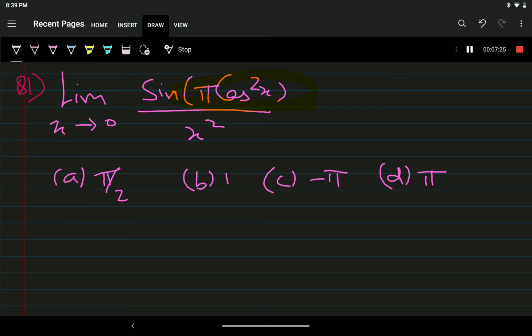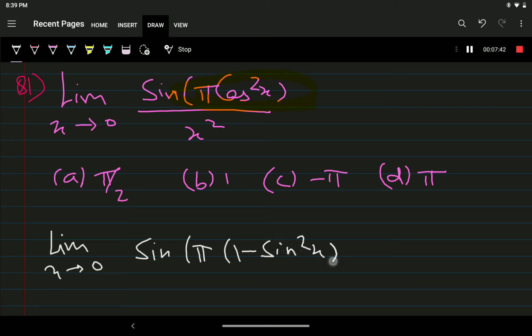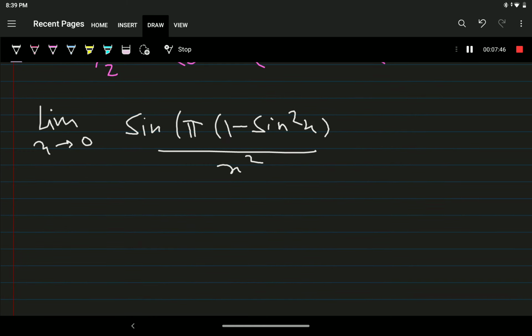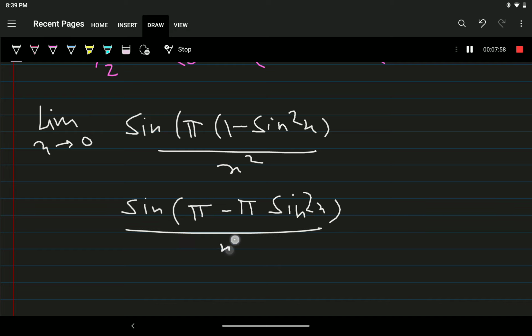With limit property, I can write it as limit x tends to 0, sine of pi times (1 minus cos squared x)... sine of pi times (1 minus sin squared x) by x squared. That means I can write it as sine of pi minus pi sin squared x by x squared.